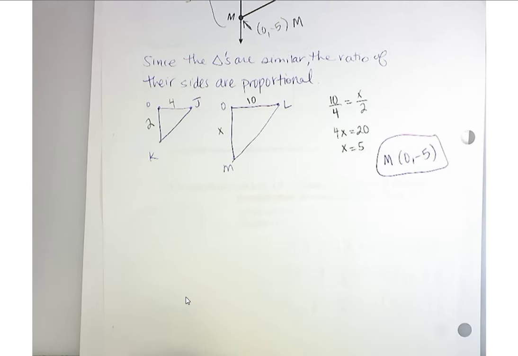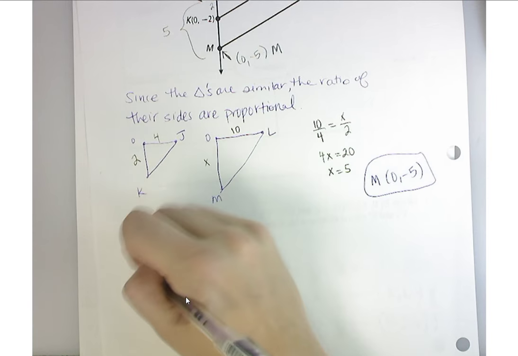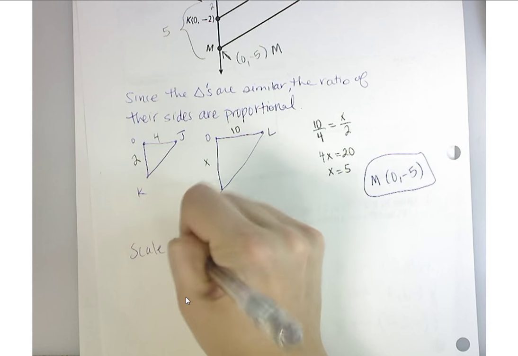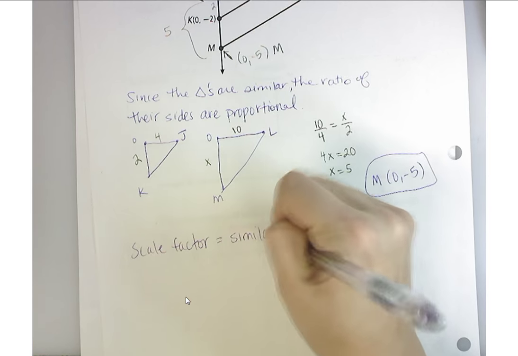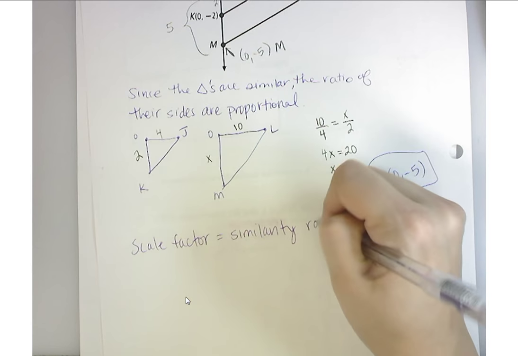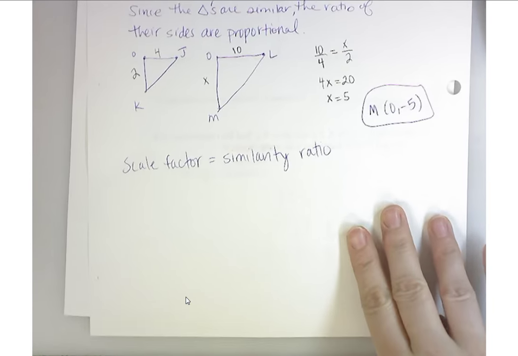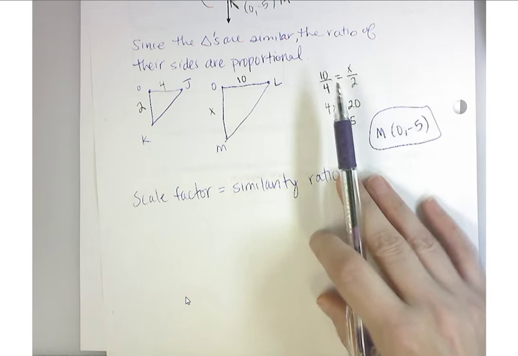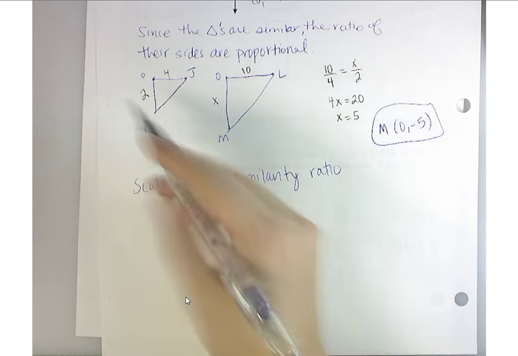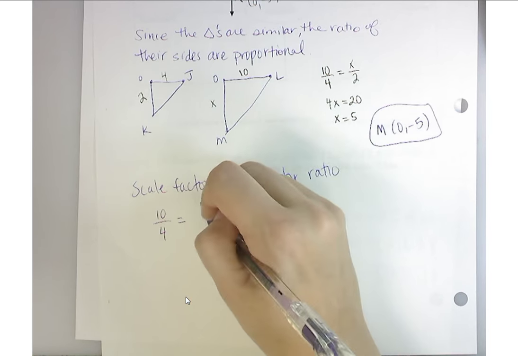Okay, now we found the coordinates of M. Now we have to find the scale factor, which remember the scale factor is the similarity ratio. Now there are two correct answers here. So it doesn't say what to compare first. So if you compared 10 over 4 and you reduce that, you would get 5 over 2.